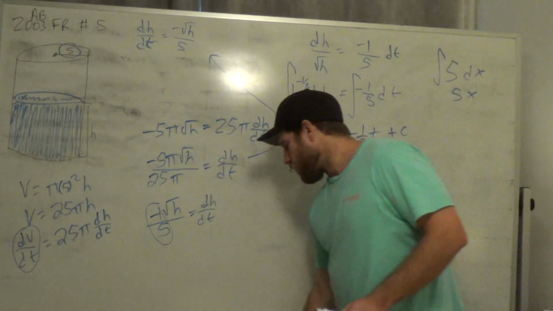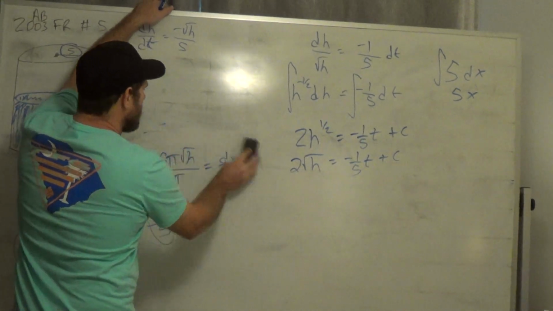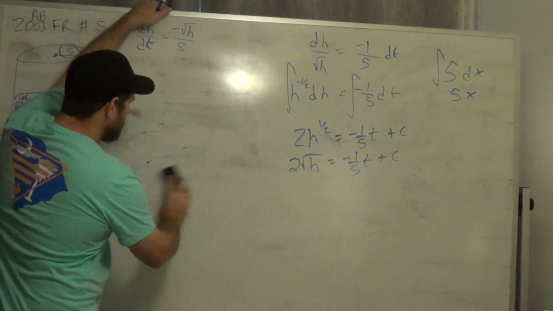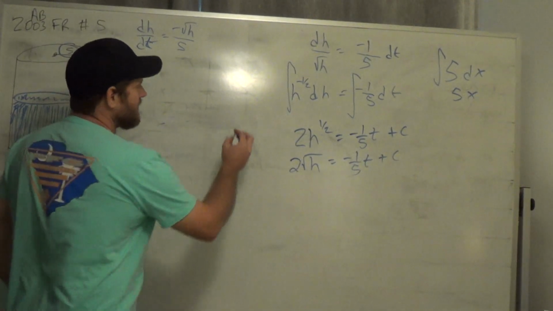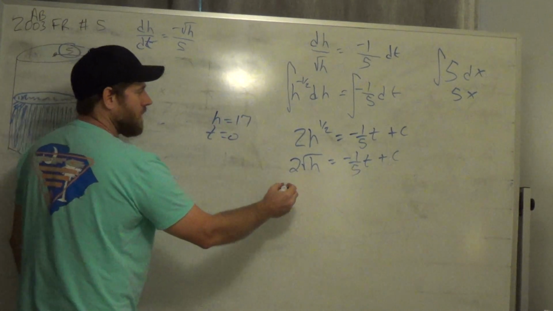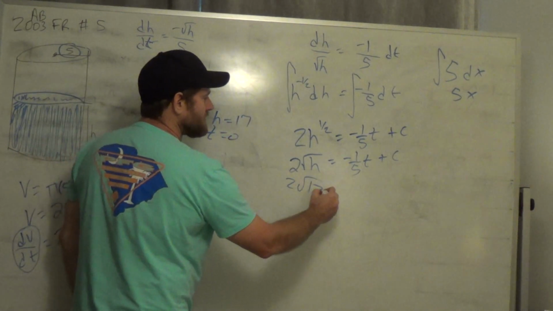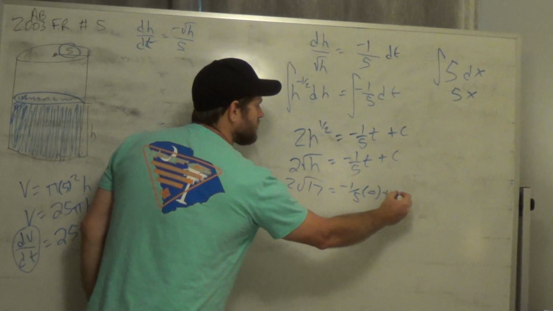But we really want to earn more points here, so they give us some initial conditions so that we can solve for c. If you look very carefully at the problem, they say use the fact that the height is 17 when the time is 0.